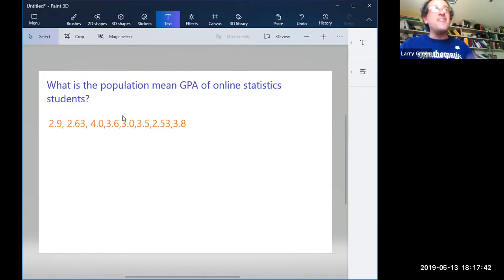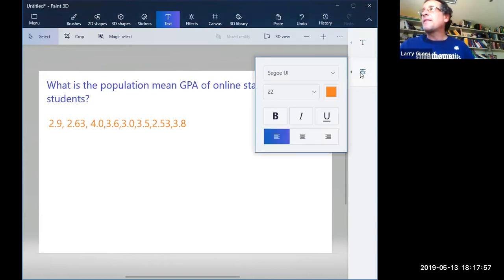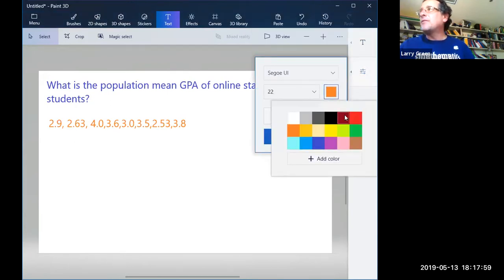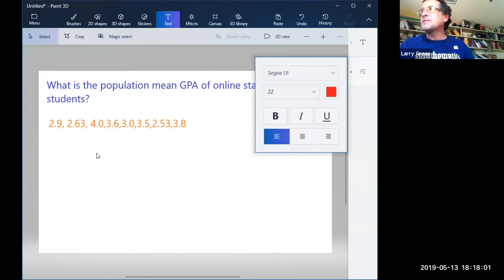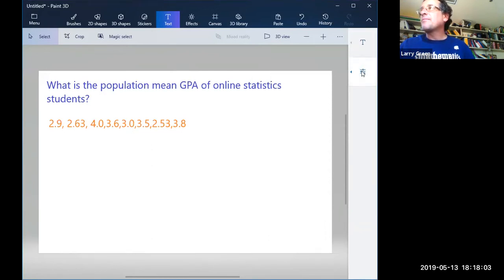If you don't have over 30, what do you have to assume? See if you can remember. Yeah, we have to assume that the distribution of GPAs in the world for online statistics students is normal, or approximately normal is good enough. So let me write that down. So assumptions in this case. Okay, because certainly the sample size is not large enough.